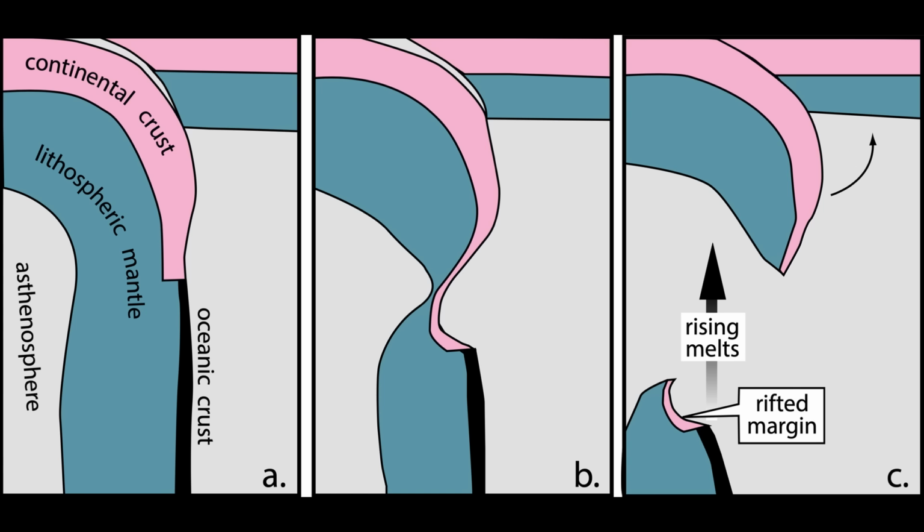The rising melts and the release of the lower plate oceanic slab allow the lower plate to rebound, and it's rising because it's no longer held down by the oceanic slab. So everything gets elevated, and the arc terrain, which sits on top, is rapidly eroded. In many cases, there's virtually no evidence of an arc left.